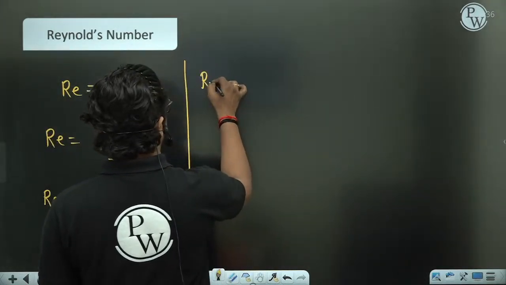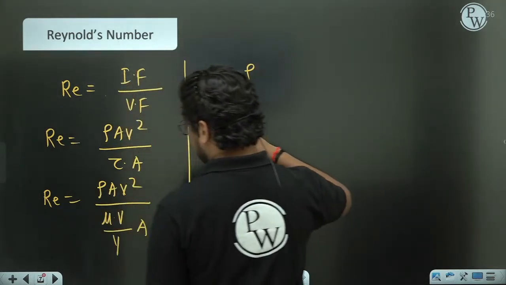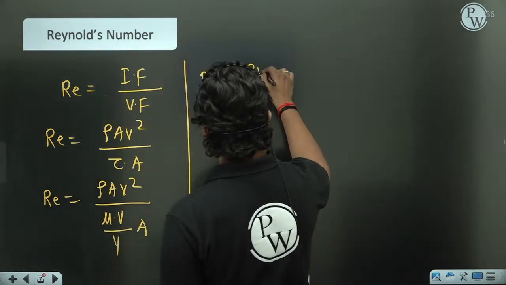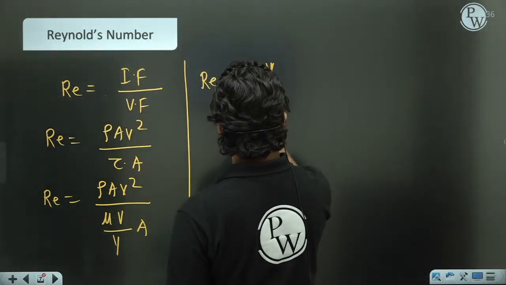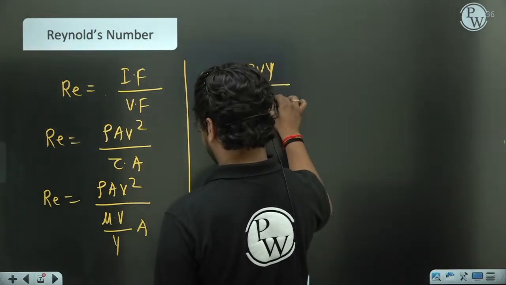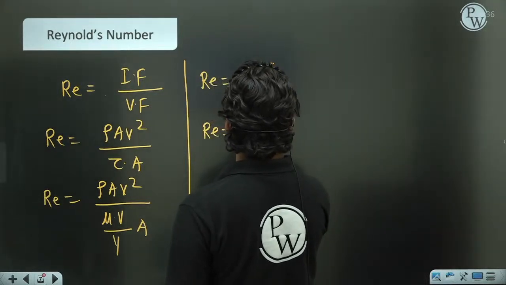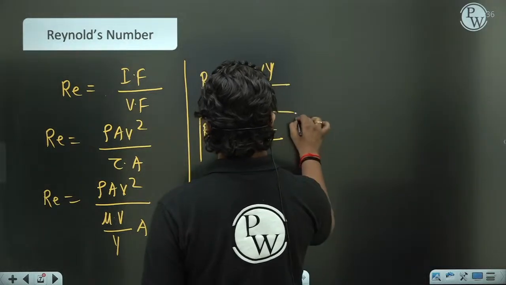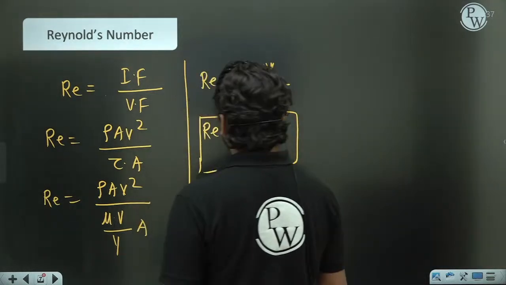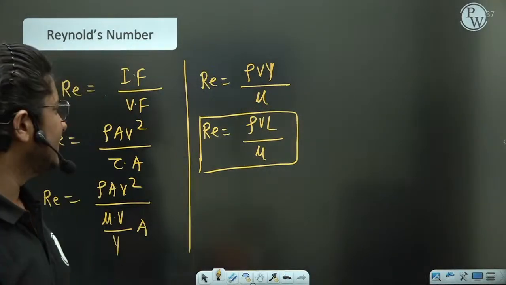Here Re becomes rho, V will cancel out, rho V y divided by mu. This is what I'm writing as rho V L upon mu. This is the formula which you all know. Generally, we say Reynolds number is equal to rho V D by mu.